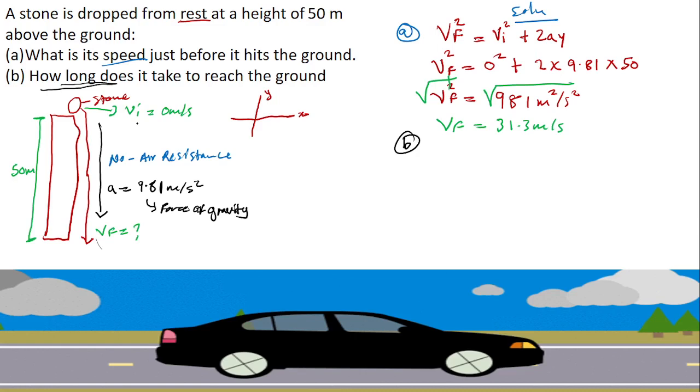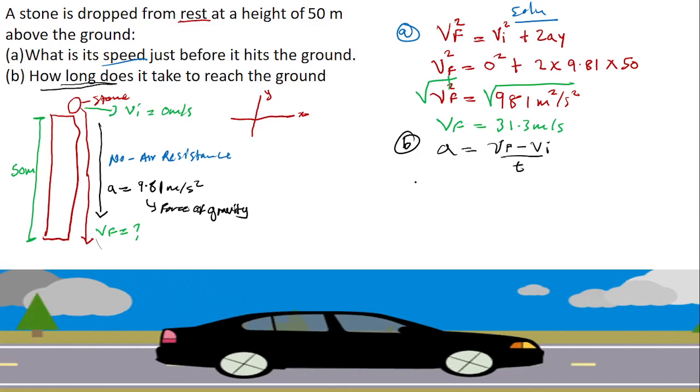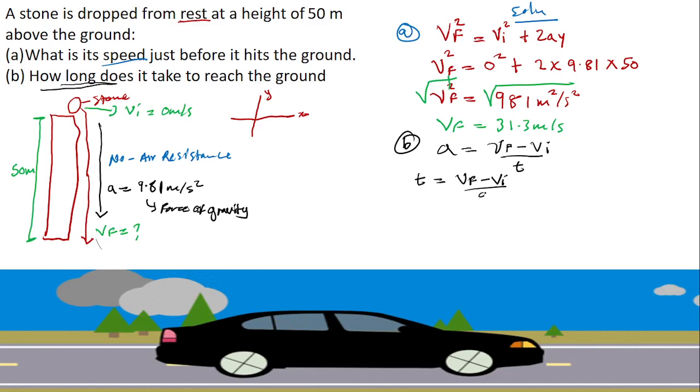So we can use acceleration is equal to v final minus v initial over time. If you make time the subject of the formula, time is simply equal to vf minus vi over acceleration.